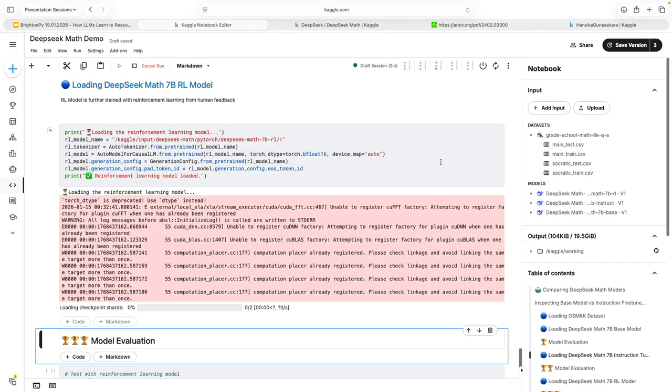So I first loaded the base model and the instruction tuned model and ran the evaluations for those two models. And next we stopped the notebook session and restarted the session, imported the packages, and instantiated the helper functions.